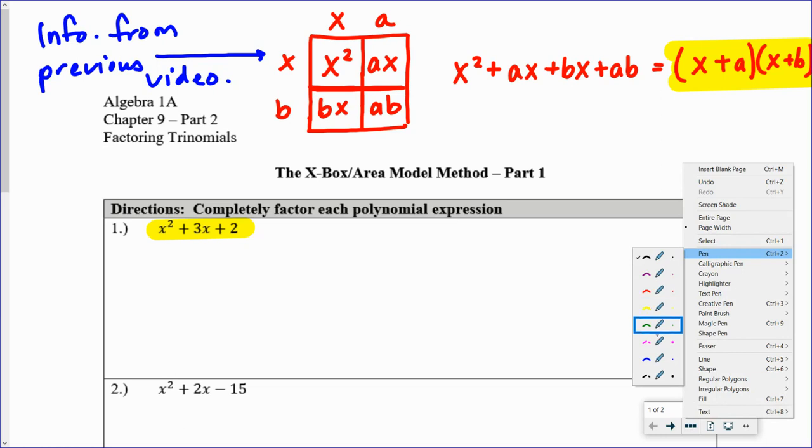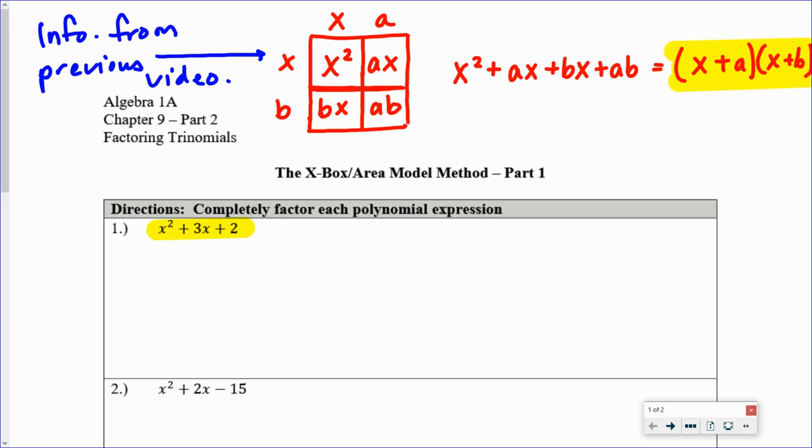So here is the first step in the process. The first thing that we're going to do is we're going to multiply the constant term and the quadratic term. And what I'm going to do, to keep my work organized, is draw this little x here. So the product of 2 and x squared is 2x squared.